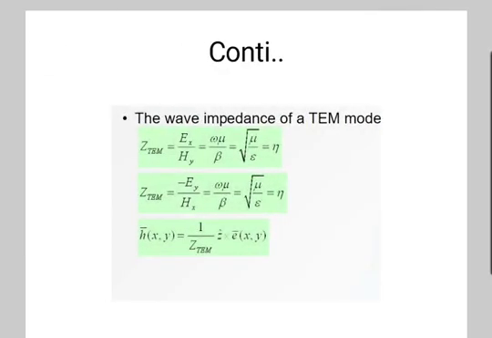Then by applying the boundary conditions, these constants can be found for known voltage on the conductor. Then find E bar and H bar. Then we have to find the value of V from the equation, and the propagation constant is expressed by beta, which is equal to V by I.